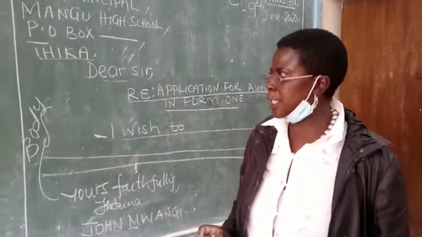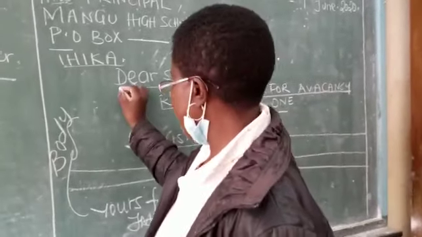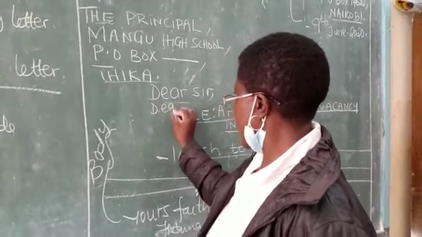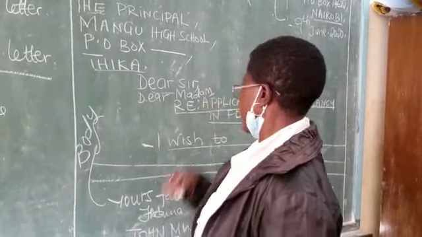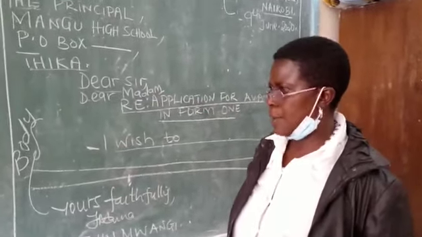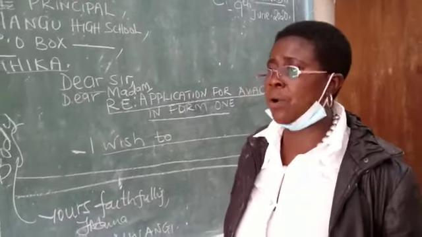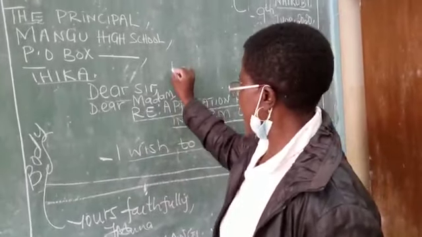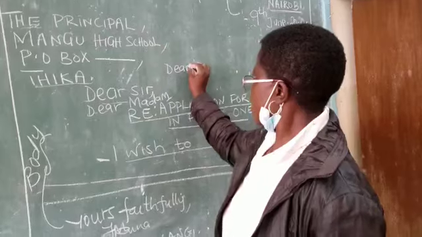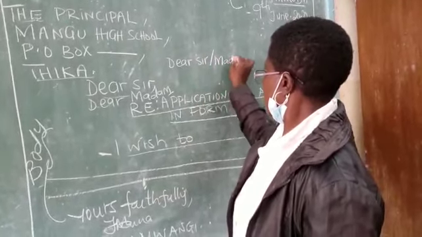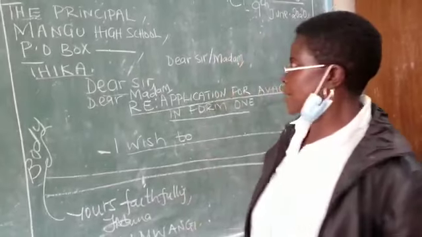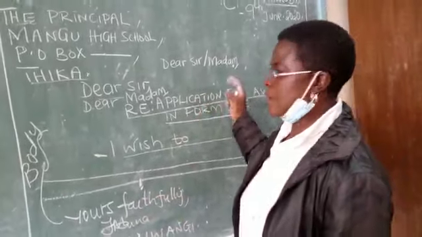Suppose the principal is a female and you are very sure, you will say dear madam. But if you are not sure, you are going to say dear sir or madam.